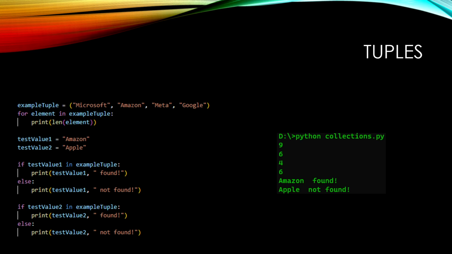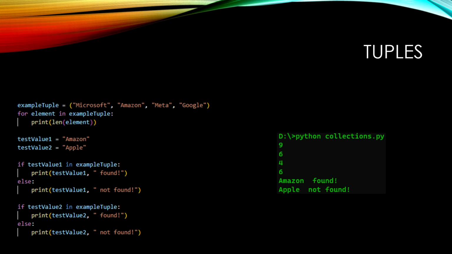So here we have Microsoft, Amazon, Meta, and Google. So the first thing we're going to do is we're going to loop through this. And we're going to say for element in example tuple. So for each of these, we're going to print their length. So Microsoft is 9 letters long. Amazon is 6. Meta is 4. Google is 6.